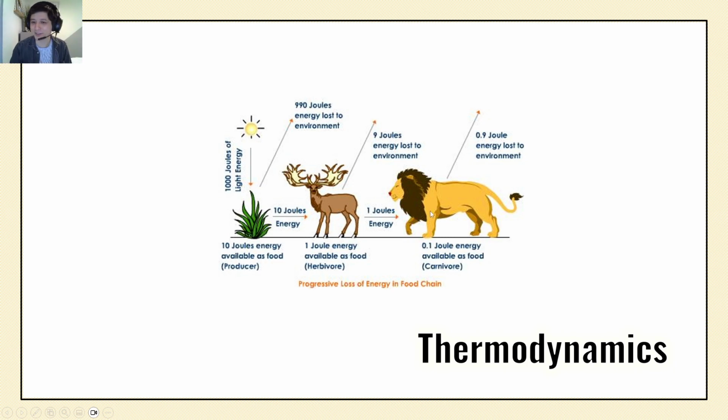The sun is the source. But along the process, we lose so much energy that it's very inefficient. That's why food chains are rarely longer than 5 steps long, right?